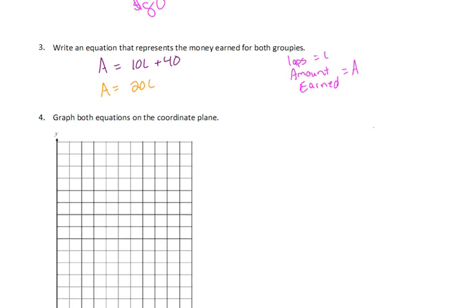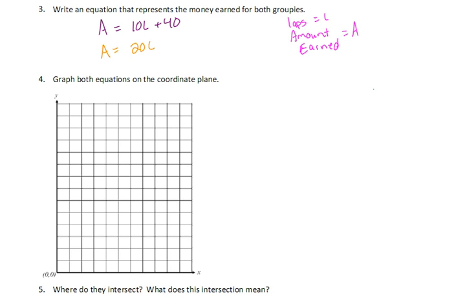Okay, even more review, we're supposed to graph these equations. So we're looking at laps and amount earned. Looks like we can probably go by 1s per laps and go by 10s for amount earned.